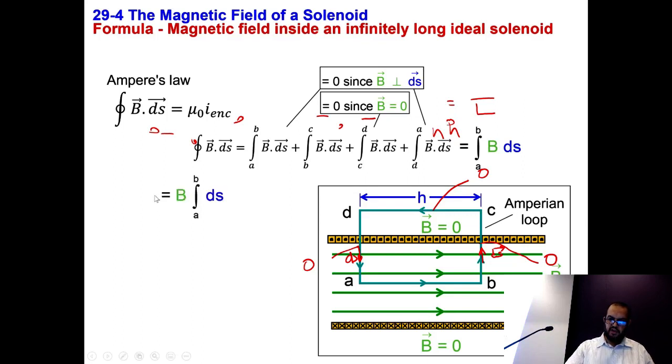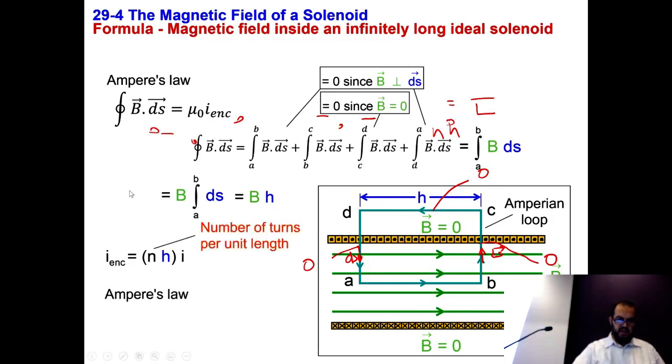Since B is constant, we get B times H is equal to mu 0 I enclosed, and I enclosed is the number of turns per unit length times H, which is the length of this loop that I just arbitrarily took, times the current I, and then you get B is equal to mu 0 n I. Very simple.